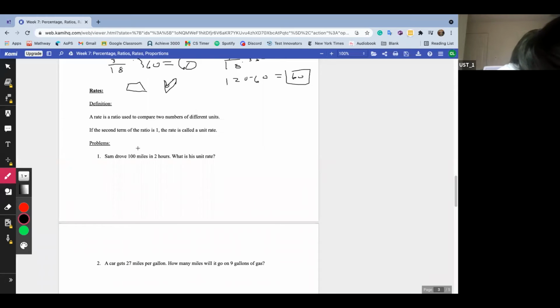Currently the ratio is 100 to 2, and the unit rate is if the right side is 1, so divide both sides by 2, you'll get 50 to 1, which means the unit rate is 50 miles per hour.